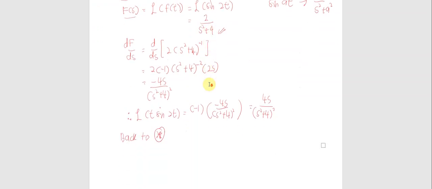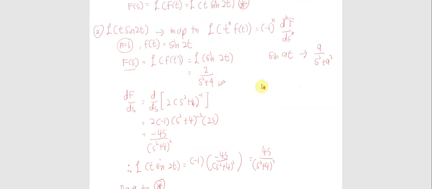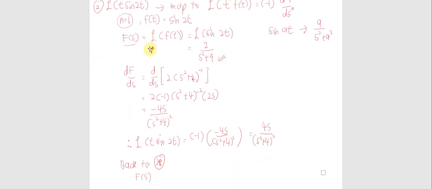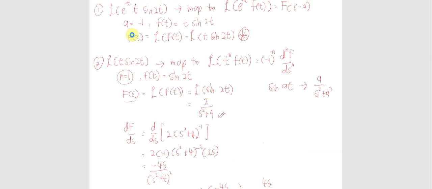So we go back to F(s) from the first step. The F(s) is equal to the Laplace of t sin 2t, which equals, I copy back this one, 4s over (s² + 4)². This is the F(s) for this one.